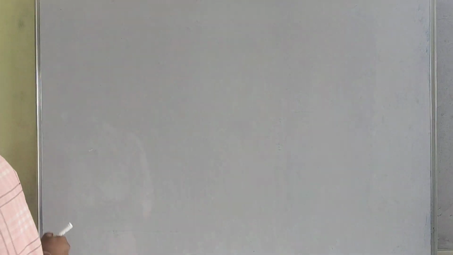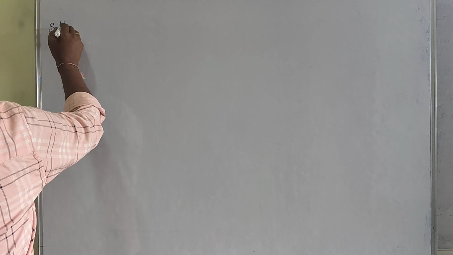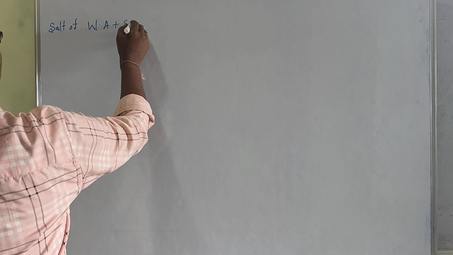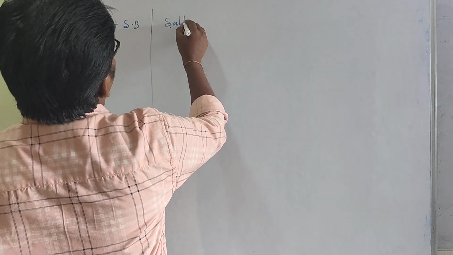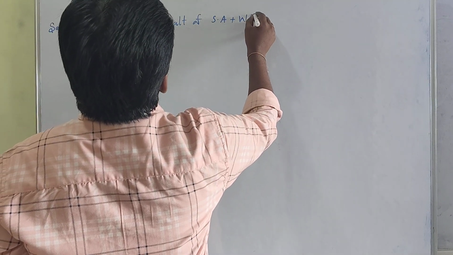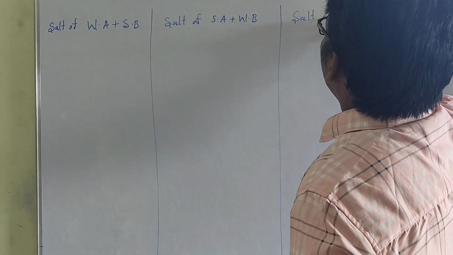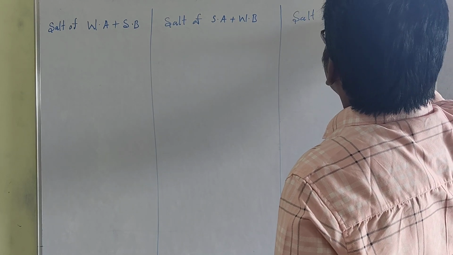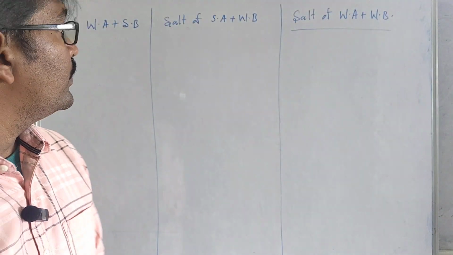One is salt of weak acid plus strong base. The next, salt of strong acid and weak base. Next, salt of weak acid plus weak base. Both are weak. Right?